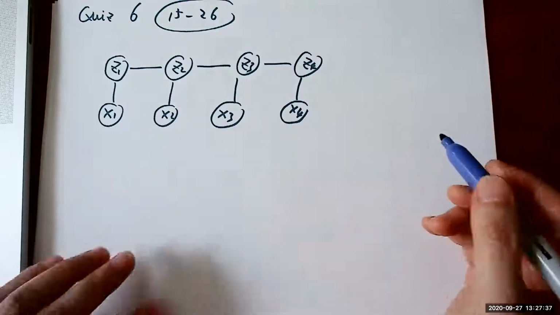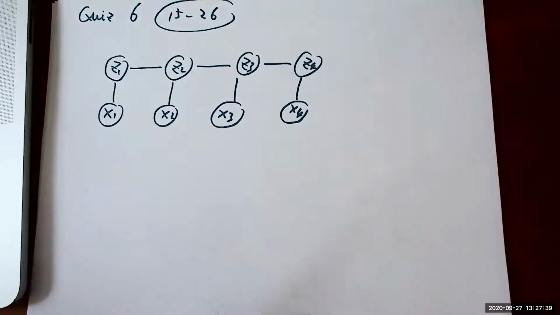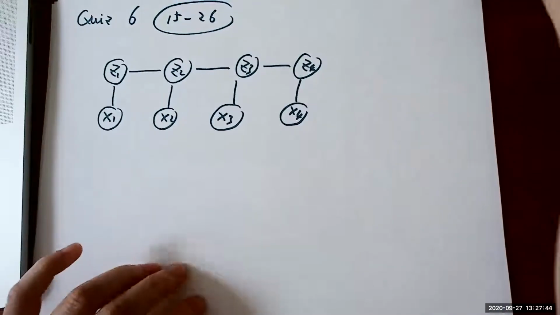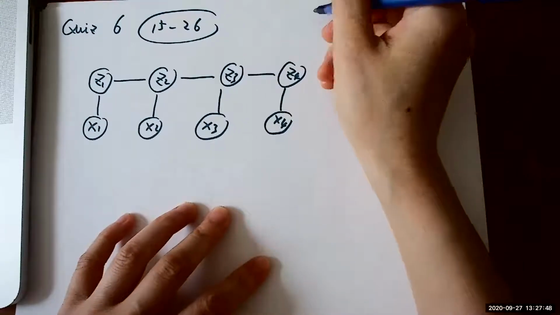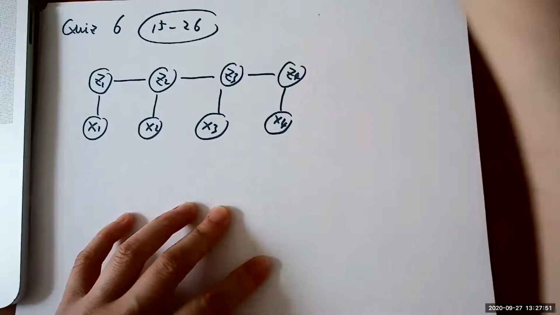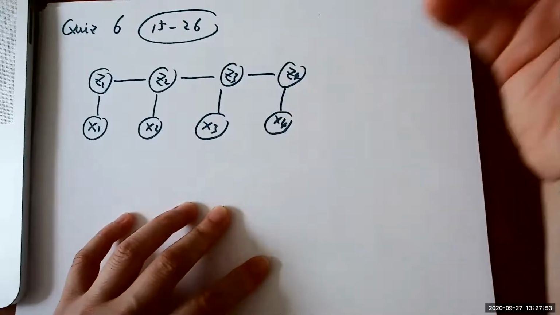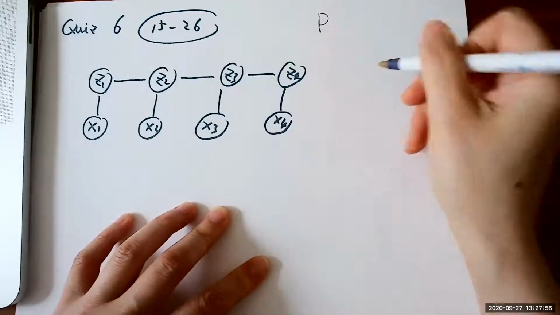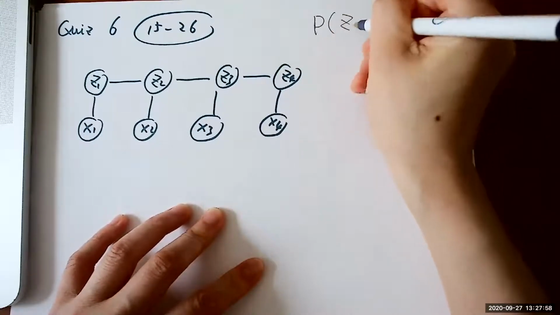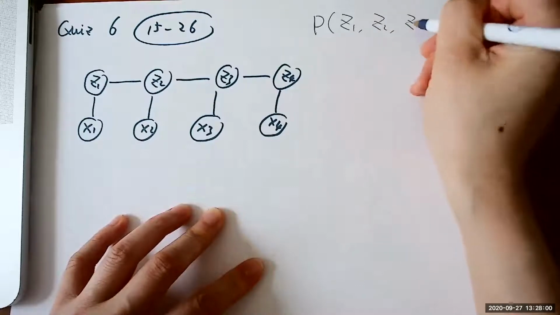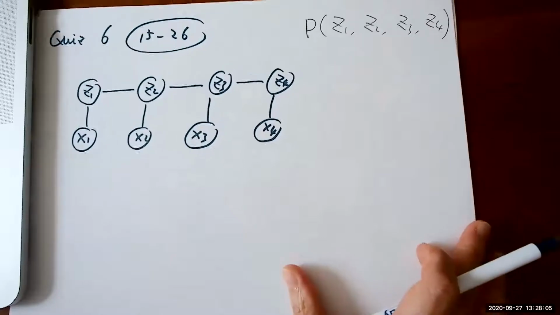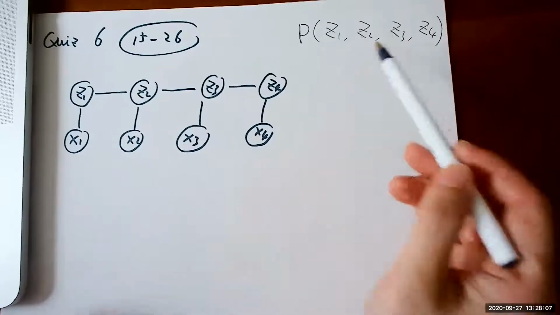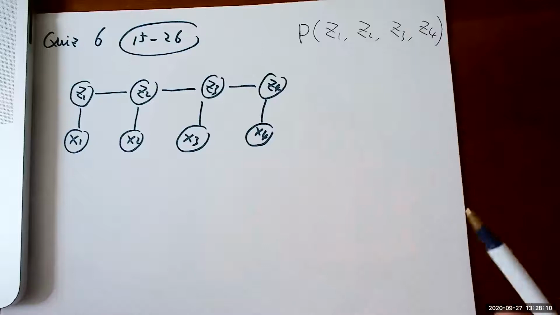First of all, remember, z1, z2, z3, z4 are so-called latent variables. For any random variables z1, z2, z3, z4, their joint probability mass function, once I give a particular value, there's going to be a probability.